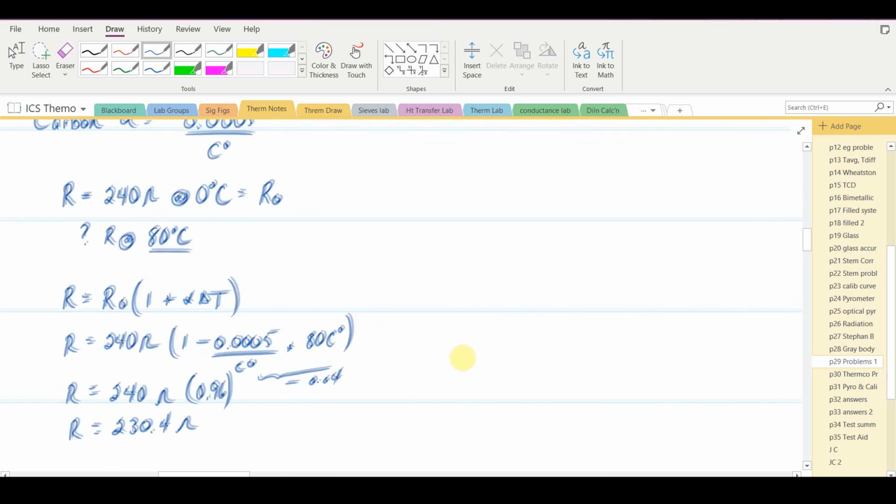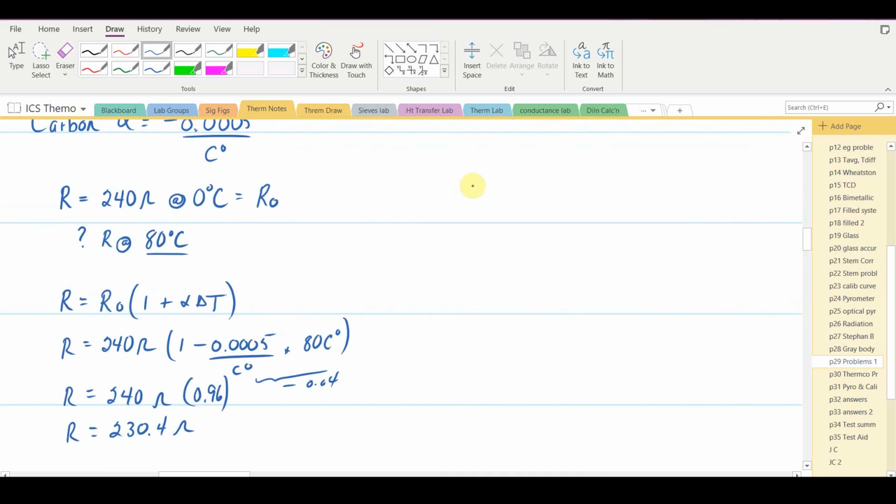So let's write down what we got then. We're saying T and R at 0 degrees C. We're given that R sub 0 is 240 ohms. We've just calculated that at 80 degrees C, the resistance actually drops to 230.4 ohms.